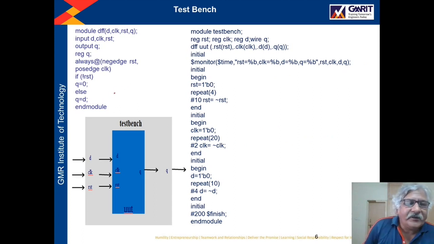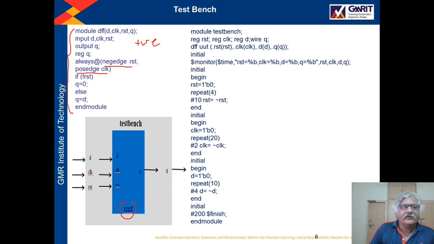Now this is the test bench of the negative edge triggered flip-flop. This is the Verilog module. Here you can see negedge RST, posedge CLK. So this is of positive edge triggered flip-flop. Okay, right. So this is the test bench here.